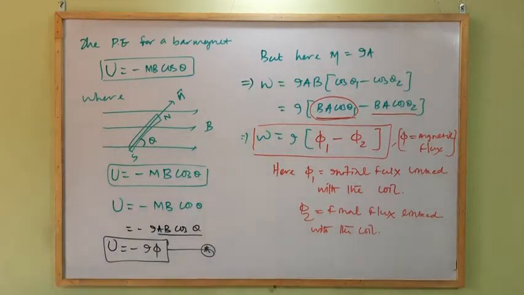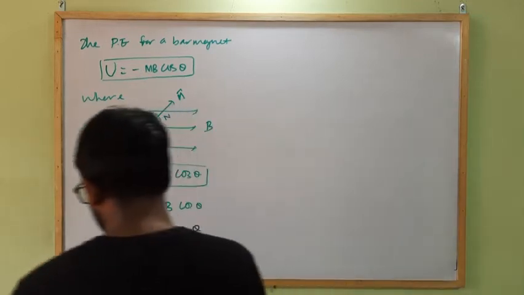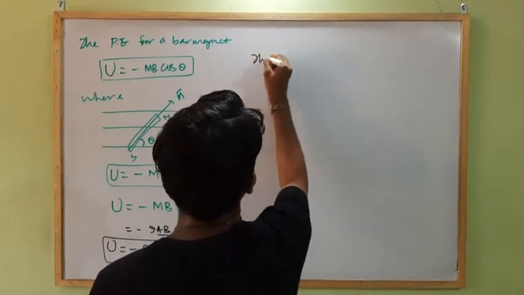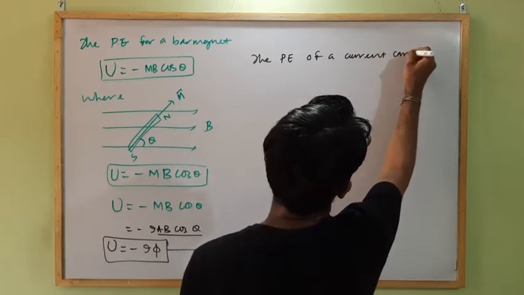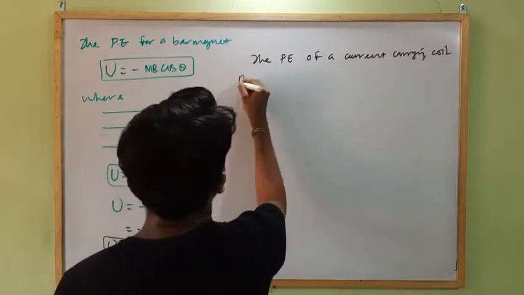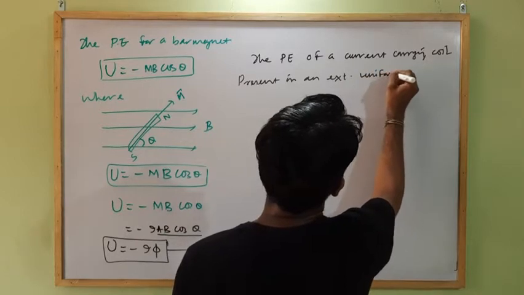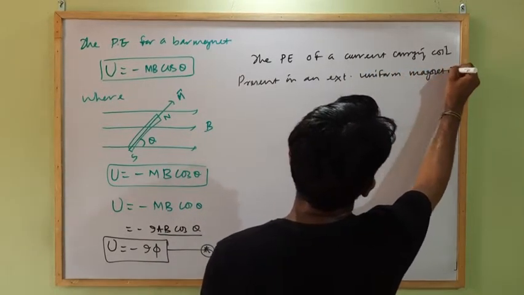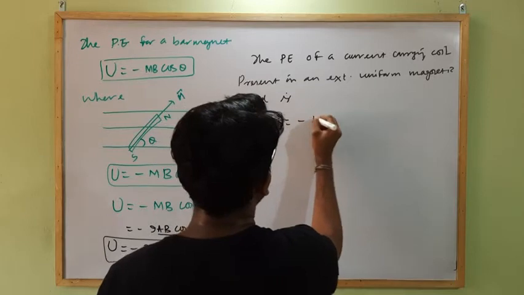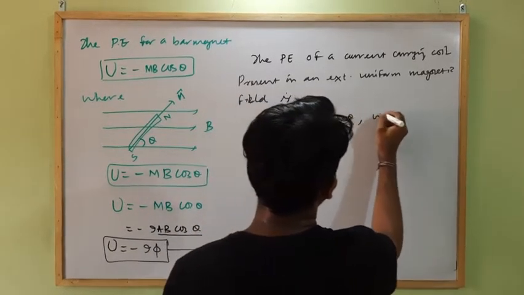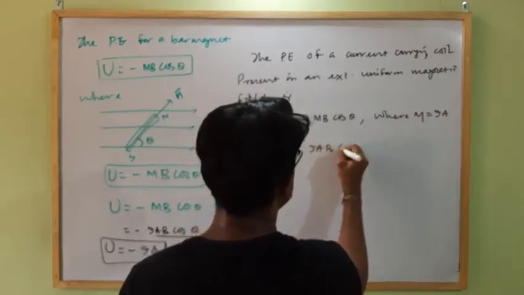So from this we can write the potential energy of a current carrying coil present in an external uniform magnetic field is U equal to minus MB cos theta, where M equal to I into A. So this will be minus IAB cos theta.